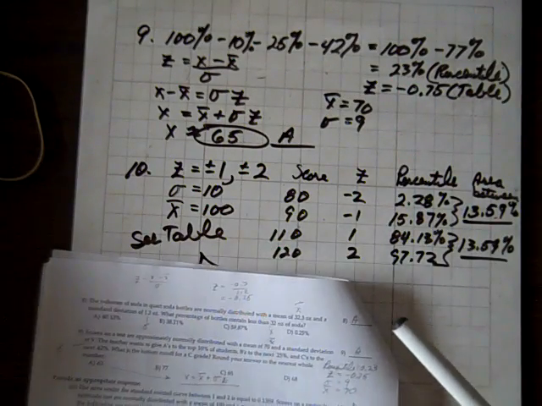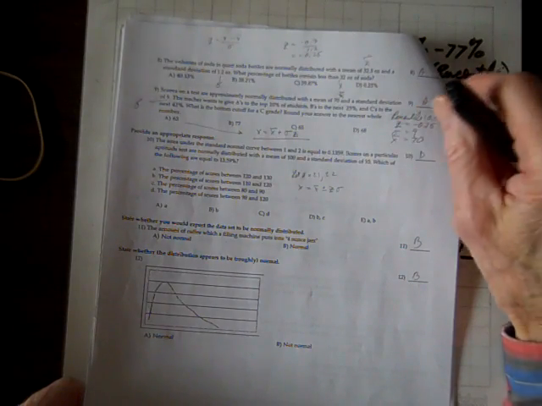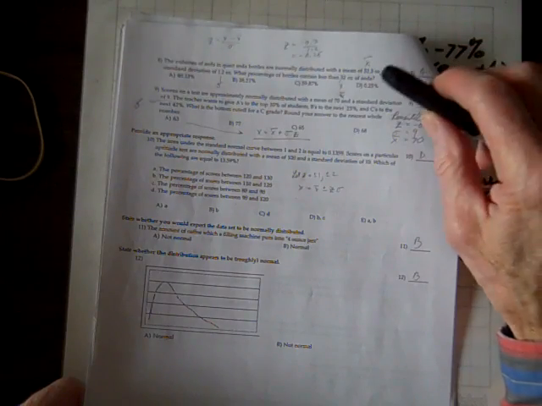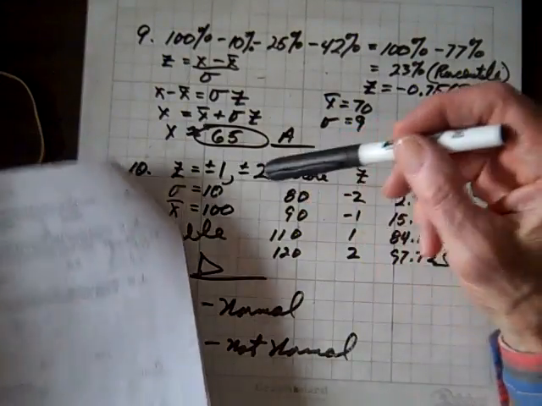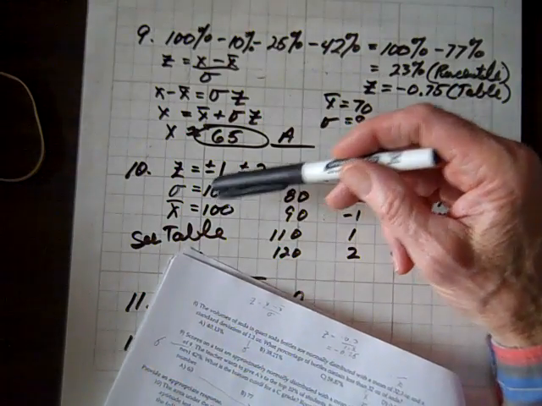For number 10, we are given the area under the standard normal curve between 1 and 2 is equal to 0.1359. Scores on a particular aptitude test are normally distributed with a mean of 100, a standard deviation of 10.